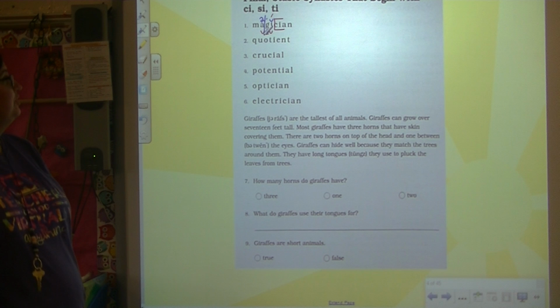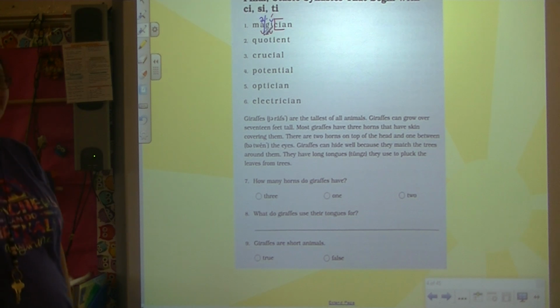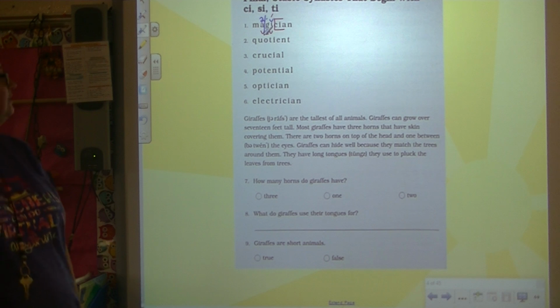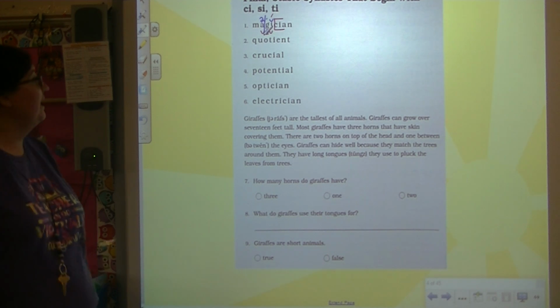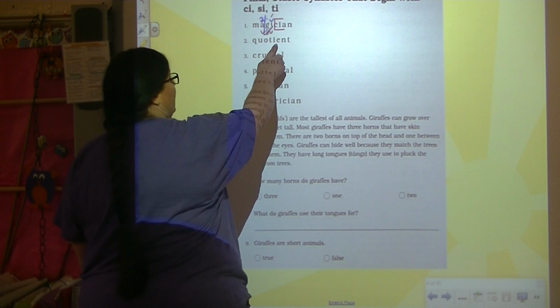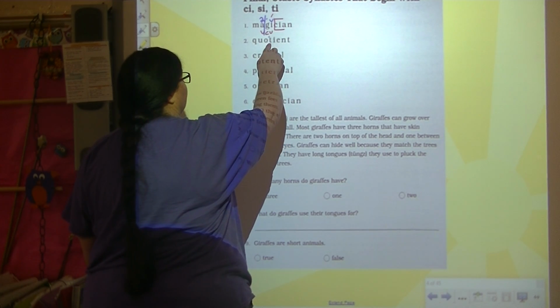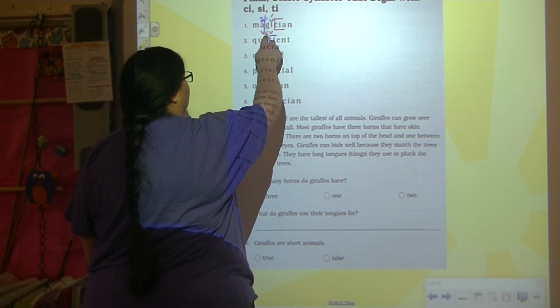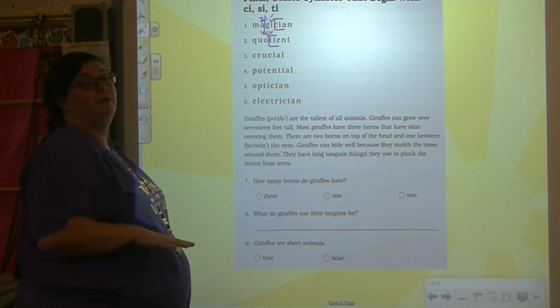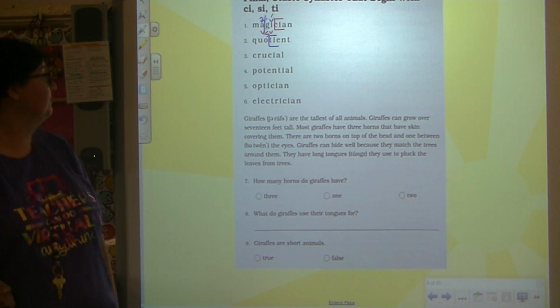All right, number 2. Do you see a final stable syllable? We have a T-I-E-N-T. Your accent will be on the syllable before it.